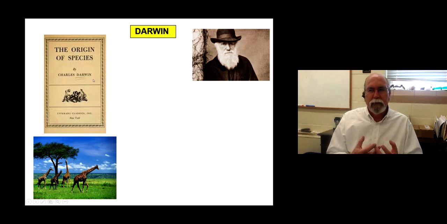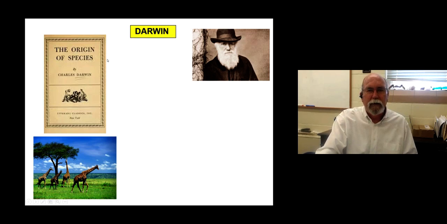He said that those traits that weren't under selective pressure were just randomly changing, and that becomes a very important thing. It's something that a lot of people miss when they talk about Darwin and Darwinism. Another thing that people miss is that Darwin never mentioned in his book the word evolution. He never said that in The Origin of Species.